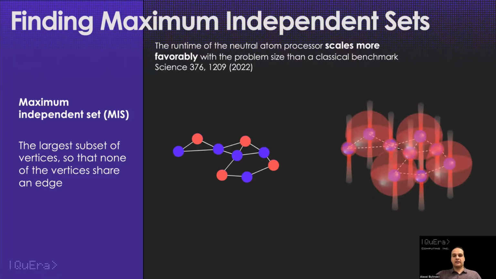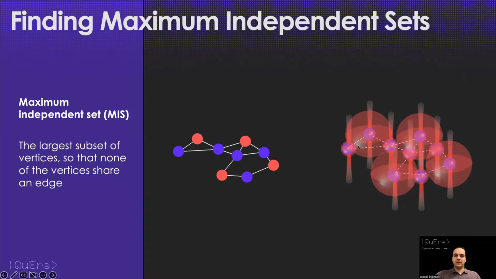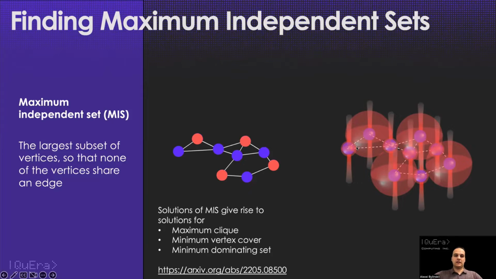I should say that there are a number of sibling problems to the maximum independent set that can be encoded on the neutral atom processor, and I'm just going to mention a few of them. The maximum clique problem, which is the largest set of nodes in the graph that all have connections to each other.